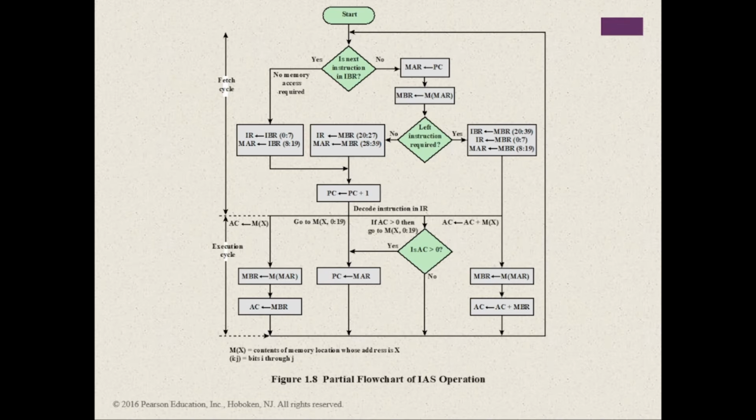Control circuitry interprets the opcode and executes the instruction by sending out the appropriate control signals to cause data to be moved or an operation to be performed by the ALU. Okay, so that's all for the partial flow chart of the IAS operation. It is composed of the fetch and execution cycle.